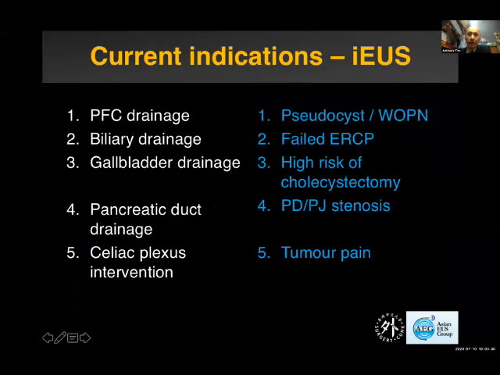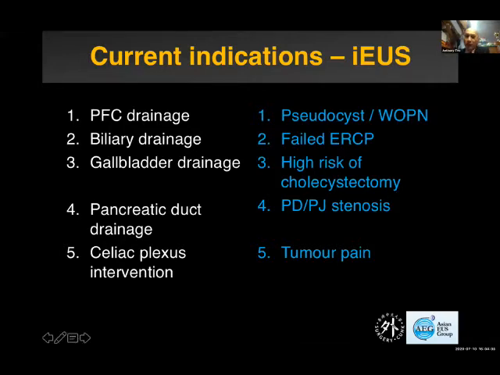In terms of interventional EUS current indications, for PFC, I think endoscopic drainage is now the standard, which includes both pseudocysts as well as walled-off necrosis. Bile duct drainage is mainly indicated in patients with failed ERCP. Gallbladder drainage is indicated in patients at very high risk for cholecystectomy.